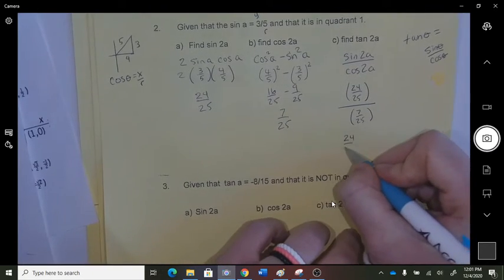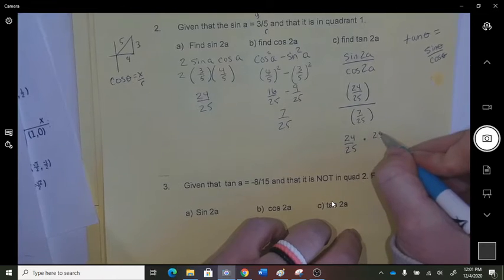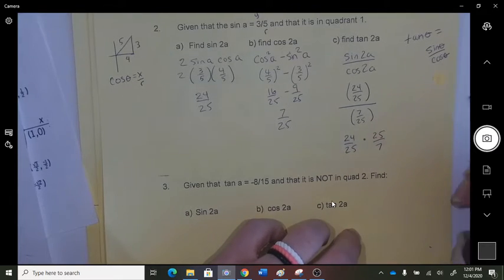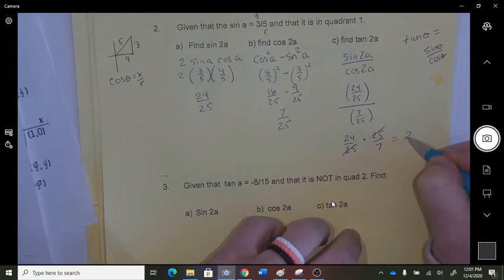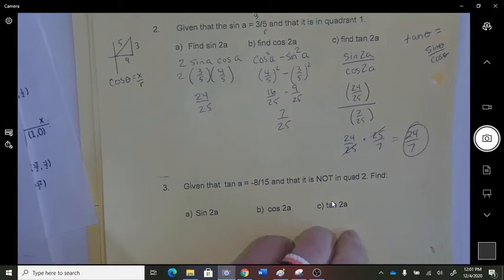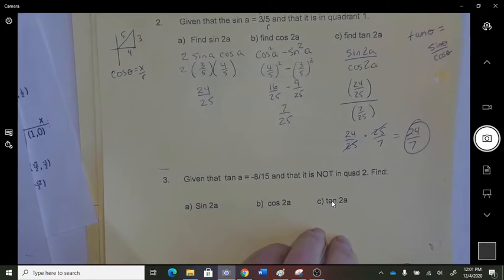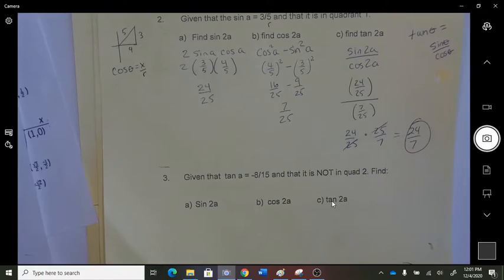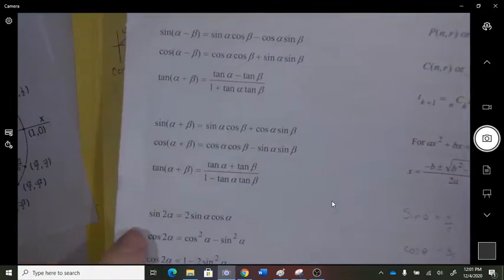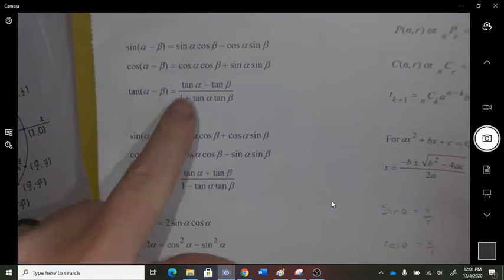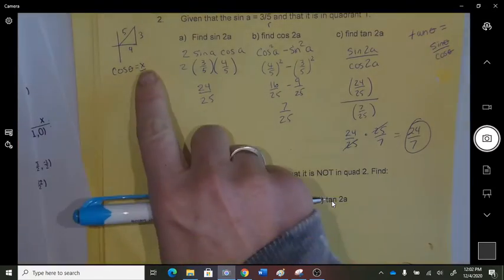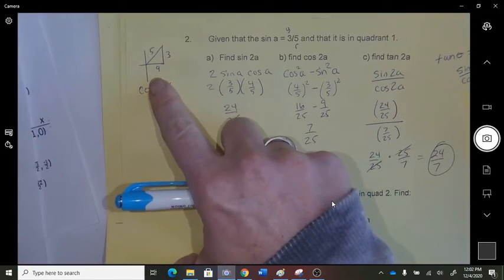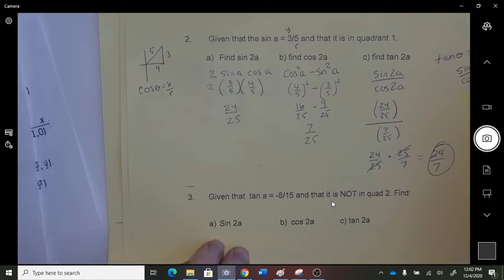And then I would flip and multiply the bottom fraction, which makes that cancel, and I get 24 over 7. Okay, you can use this formula as well. And obviously, using the tan ratio would be 3 over 4, but you will get to the same thing.